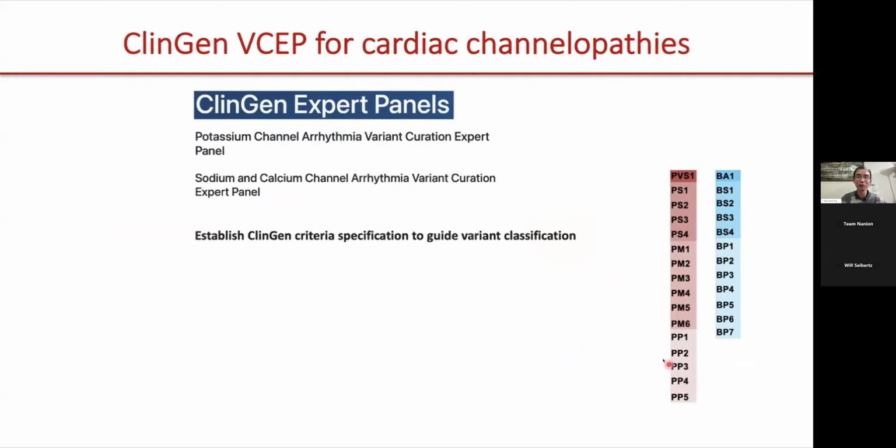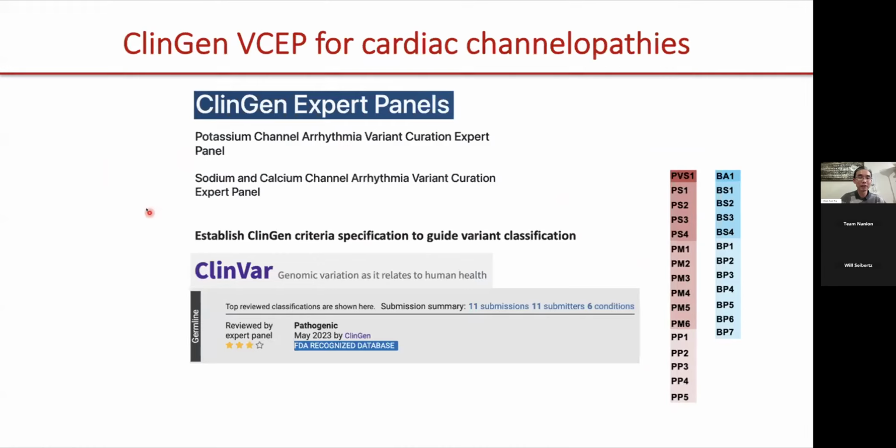Some of them are no longer applied, like BP6, I think, but these are just the codes that people can use. And I'm a member of these two VCEPs. One is the potassium channel, the other one is the sodium and calcium channel. So this would largely cover the cardiac channelopathies space.